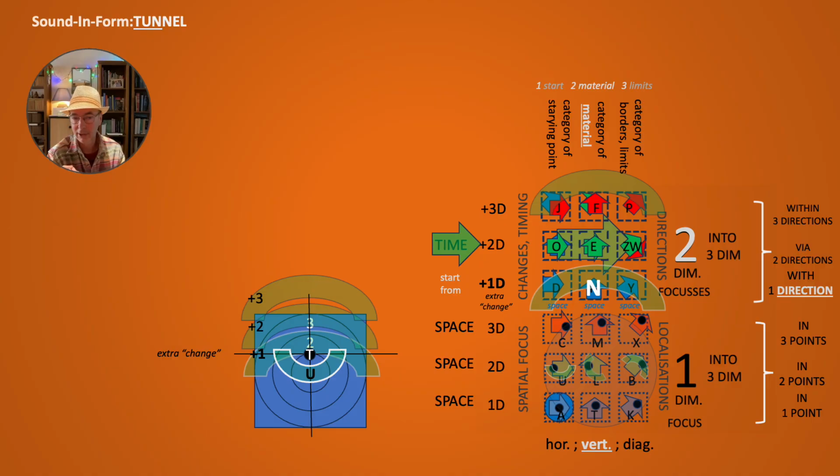Here are the directions. So I should have a direction. The second category is all about directions. It's a starting point in the first category, so in matter, actually also in space. So we will start from space. Well, I will follow the material. I'll follow the direction. I follow a direction in the category of material where it goes up.